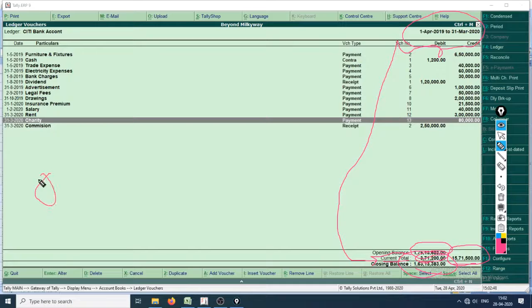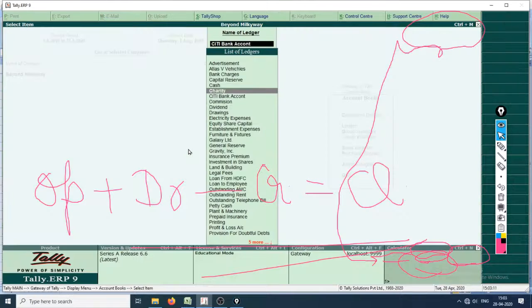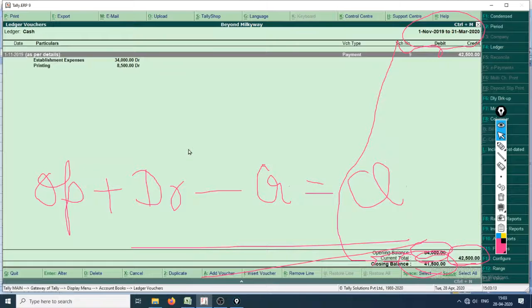Hence it was like opening plus debit minus credit is equal to closing, right? Same way you can do for cash. I'll show you cash right here. Alt F2, 1419. This right here, opening plus debit minus credit equal to closing.